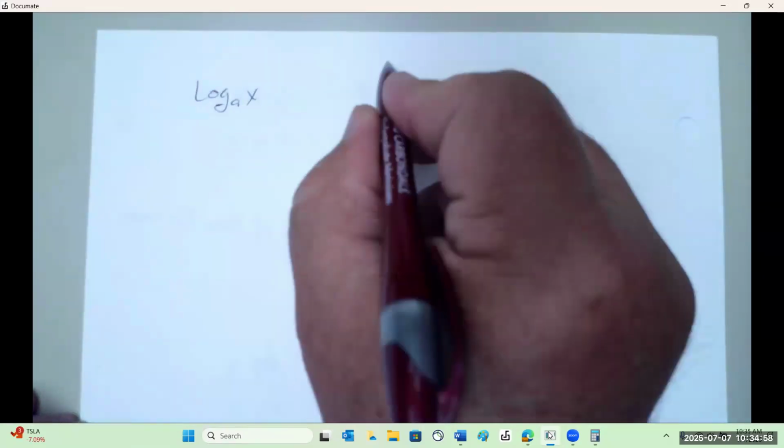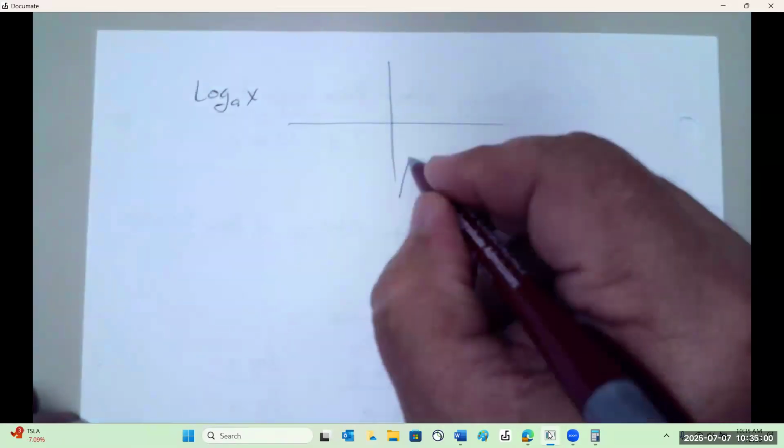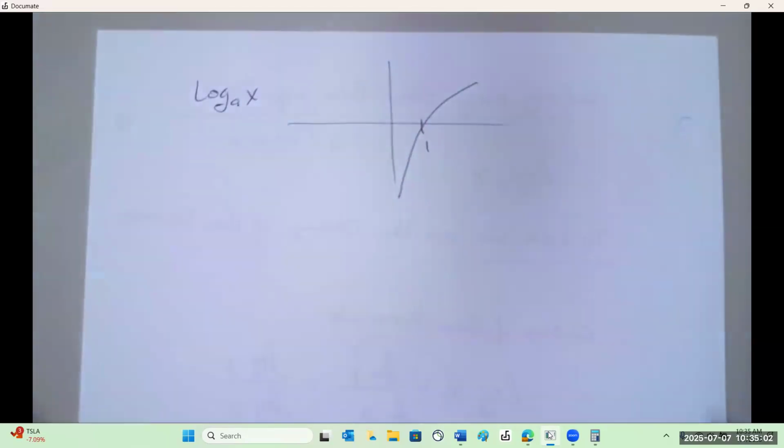So the graphs of these things. The graph of log looks the same. It crosses through there. The only difference is what it would look like if you use a different base.